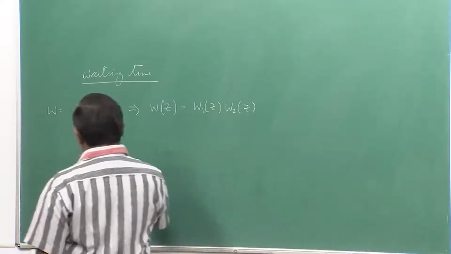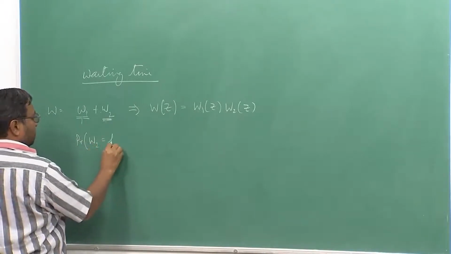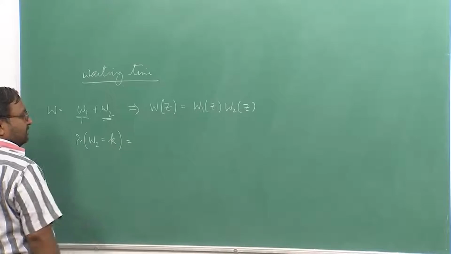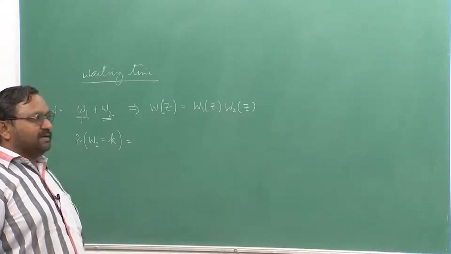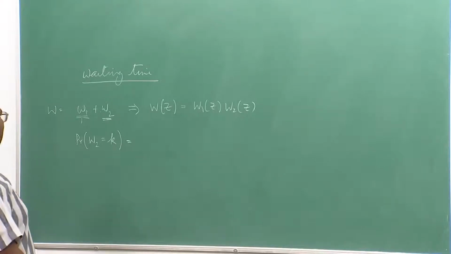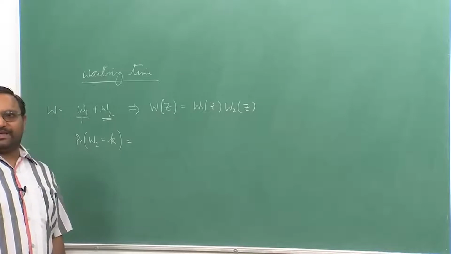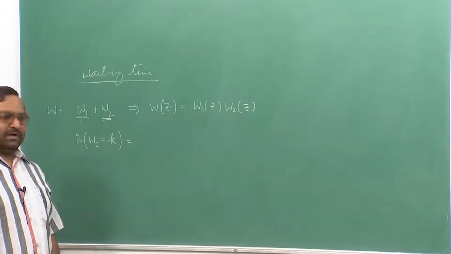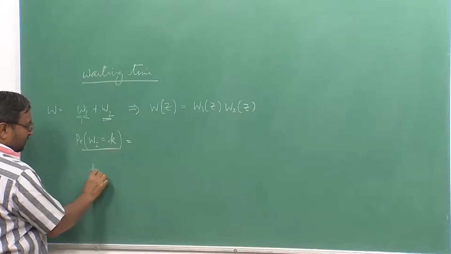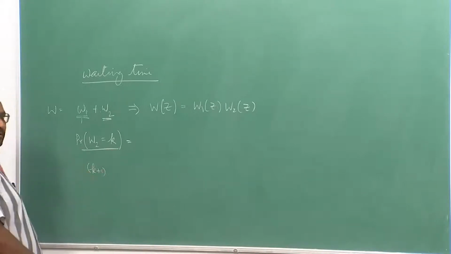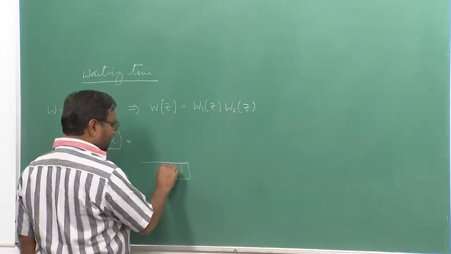Now, the probability that W2 will be equal to K. I have already got the probability that you will be coming in a batch of I packets. When you want a delay to be K, you should be at least in a batch of K plus 1 or higher number. If you are in a K plus 1 batch, in that case you can have K packets coming in front of you.